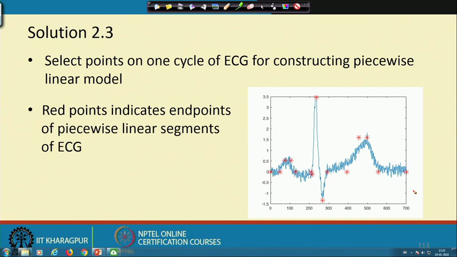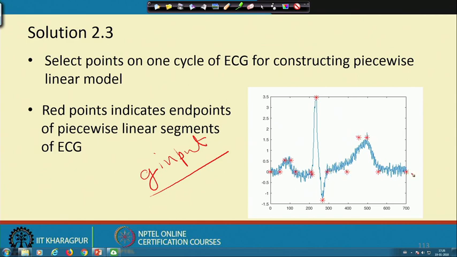Once that is done, by eye estimation we have the one cycle of the ECG. Next, we use the command ginput after the plot. We plot the signal and use the command ginput, which helps: if we click on the signal, starting from the left side and clicking these points, we can build a linear model of the ECG signal.